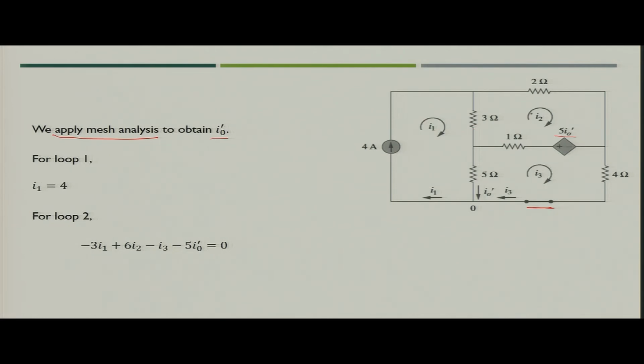So we see there are 3 loops. Now for each loop, if we apply the Kirchhoff law, then for I1 the current would be 4 ampere, which you can straight away see from the figure.